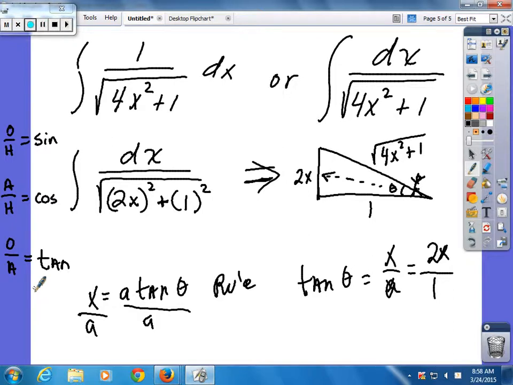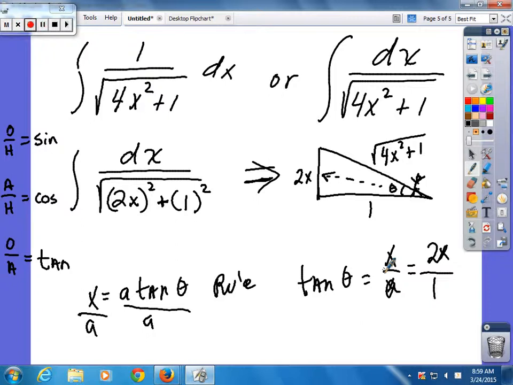So now you got this. The tangent of theta is equal to x over a. So with that, or the tangent of theta is equal to 2x, you can find out what x is equal to, solve for x, and then find dx. Because if you have x, you can take the derivative of x. So what is x?